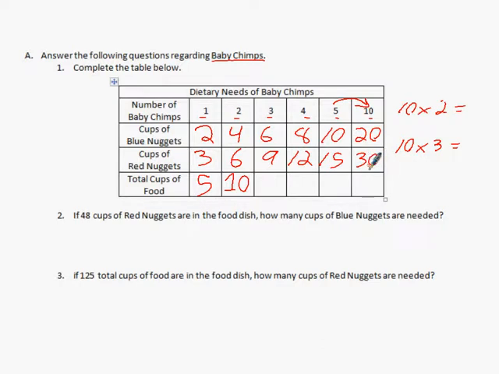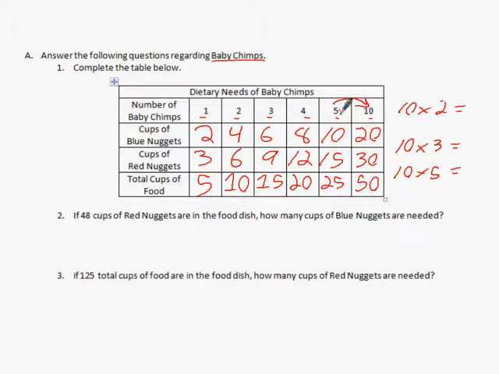On the very bottom pattern, we have 5, 10, 15, 20, 25, and then it jumps again. So now we do 10 times 5 equals 50. We just scaled this ratio up. We took the normal ratio and scaled it up for 1 chimp, 2 chimps, 3 chimps, 4 chimps, 5 chimps, and 10 chimps. So let's see if we can utilize this information.